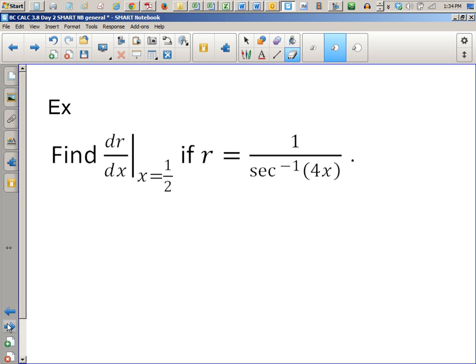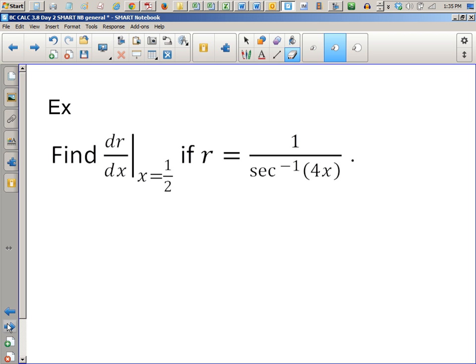Also, you'll notice that it says 1 over arc secant. See? Wait a minute, is that just then arc cosine or something? Don't play that game. Never play that game. Never try to mix the concept of reciprocals and inverses. Okay? Don't play that game. This doesn't mean secant 4x on top. Okay? Just follow along.